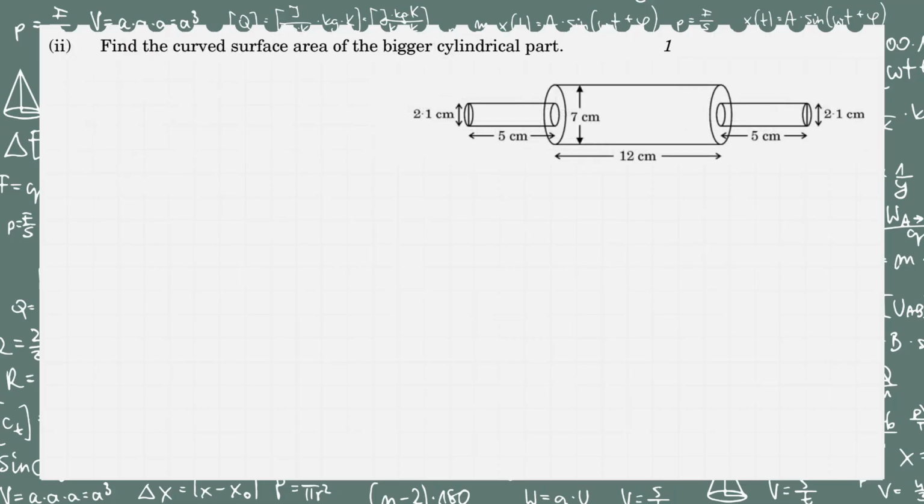Let us move on to the second one. Find the curved surface area of the bigger cylindrical part. So, we have already named them R and H. Okay.